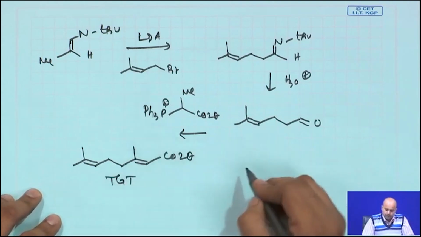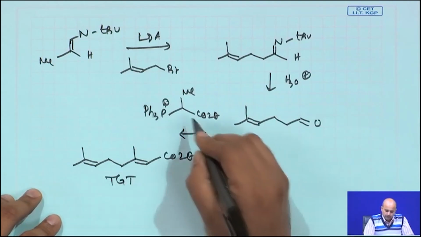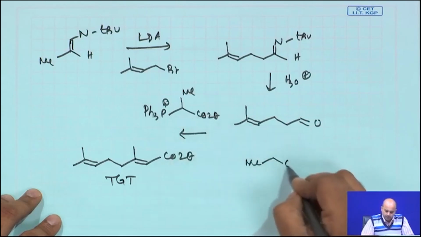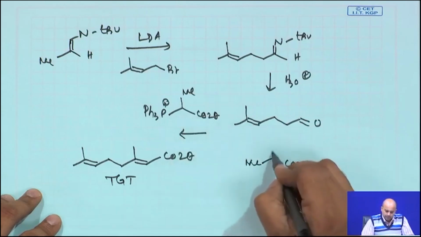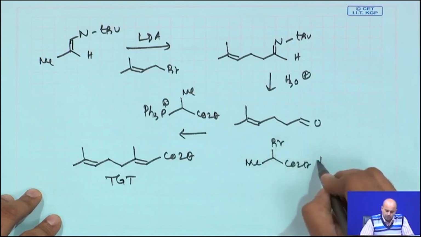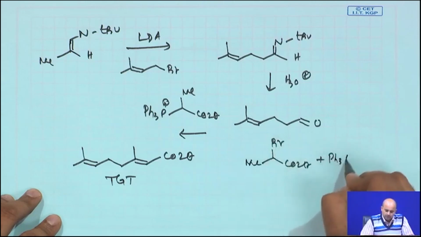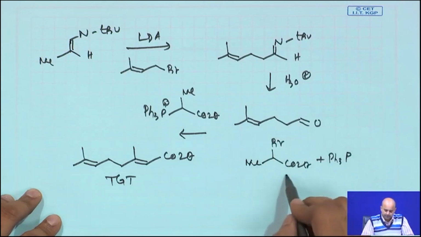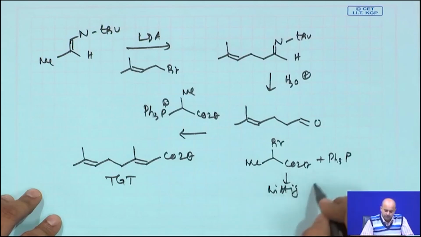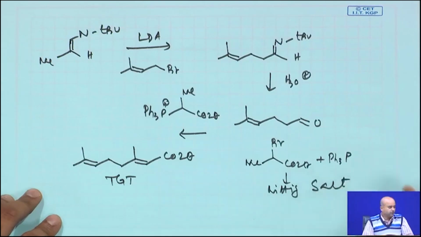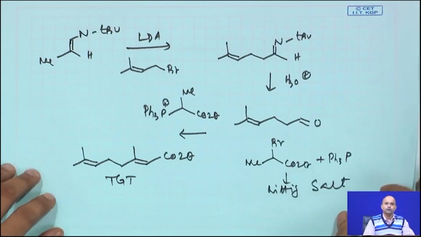This Wittig salt can easily be generated by refluxing this bromo compound with triphenylphosphine, which gives the required Wittig salt. So, this way enamine alkylation is very useful, and you can combine it with this particular electrophile. Here we used prenyl bromide.